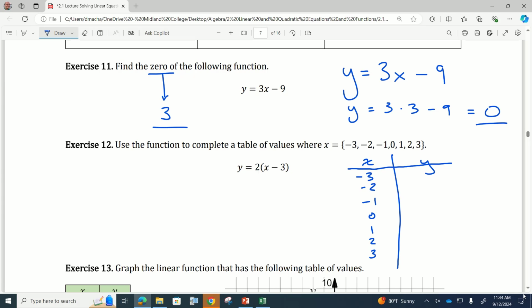So if I start with, let's say x equals 0, 0 minus 3 is negative 3. Negative 3 times 2 is negative 6. What if I plug in x equals 1? 1 minus 3 is negative 2, and negative 2 times 2 is negative 4.